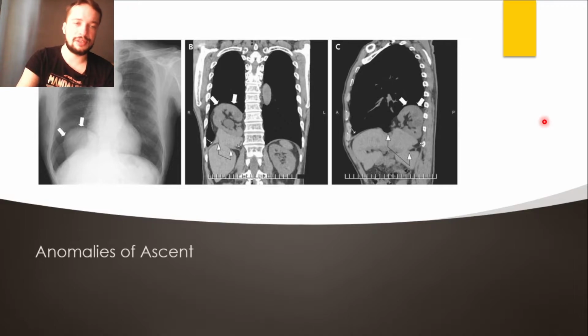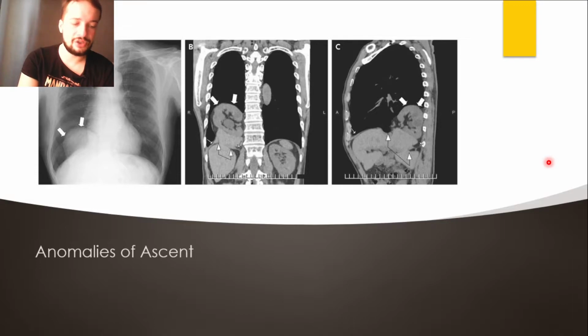Anomalies of ascent. Anomalies of renal ascent and fusion occur at 6 to 9 weeks of gestation, as the kidneys seem to ascend when in fact the embryo is growing caudally.